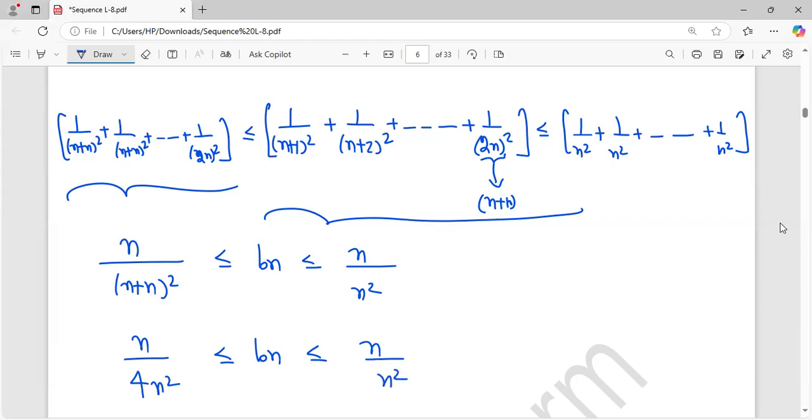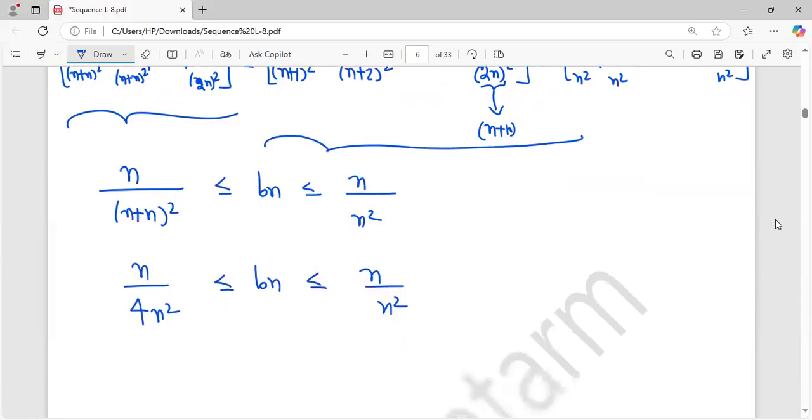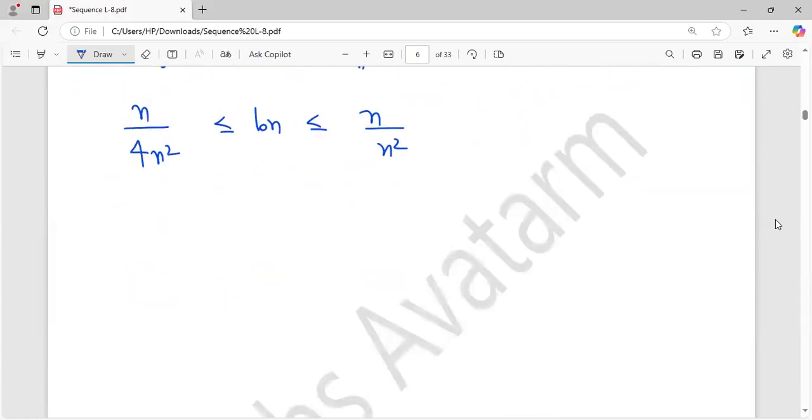Now n will be cancelled out. So we have 1 upon 4n is less than Bn, less than 1 upon n.